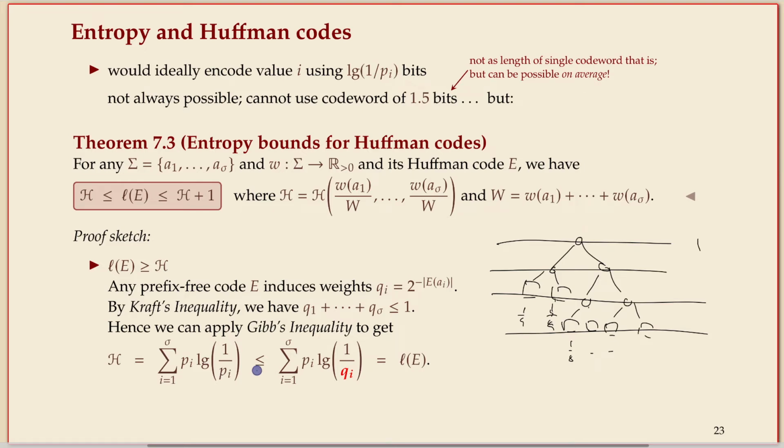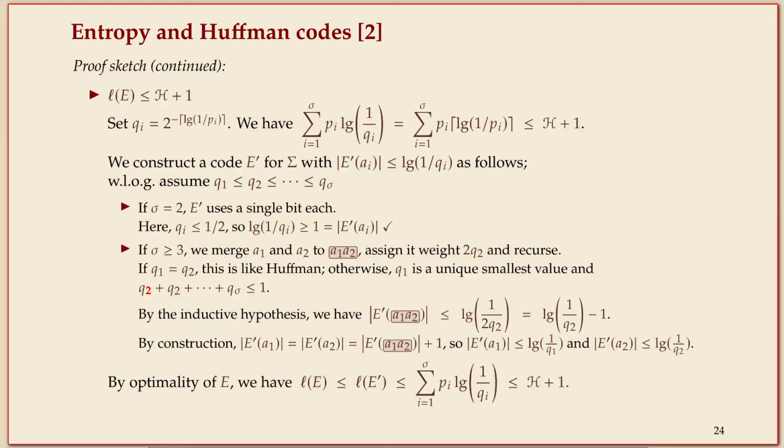If you insert what we know now, this is the entropy, and this turns out to be exactly the code lengths of the QI are the code lengths in the Huffman code. So if you insert this here, you see it's just canceling the log and the 2 to the minus cancel. And then you get back to the sum for the Huffman code. So that's that part. Huffman codes are never better than the entropy.